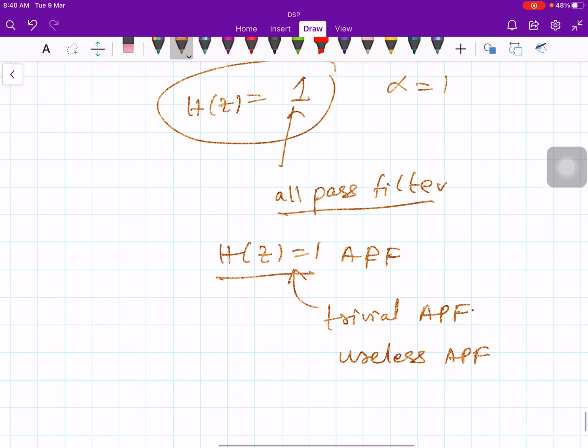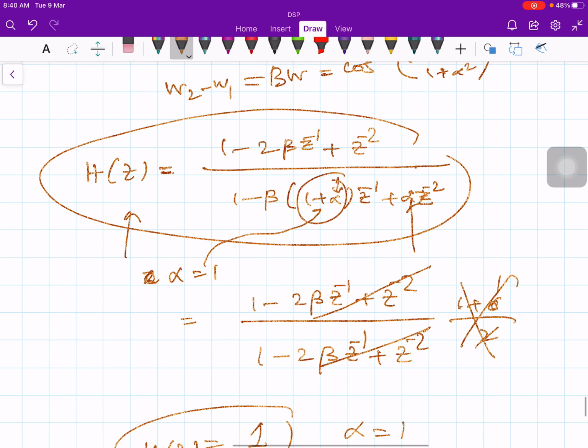So if α is equal to 1, then my H(z) simply becomes a constant. It is a trivial all pass filter in which the magnitude is 1 and the angle is identically equal to 0. So we will not make α equal to 1. In this case α has to be less than 1 in order that the poles are inside the unit circle.